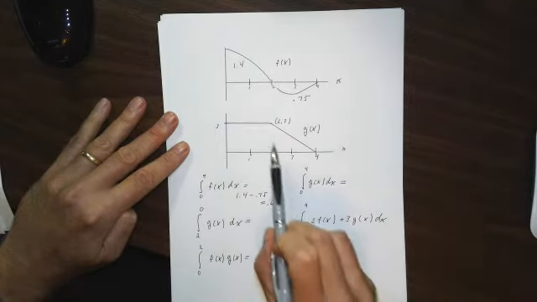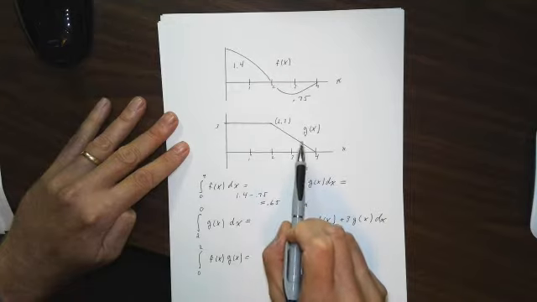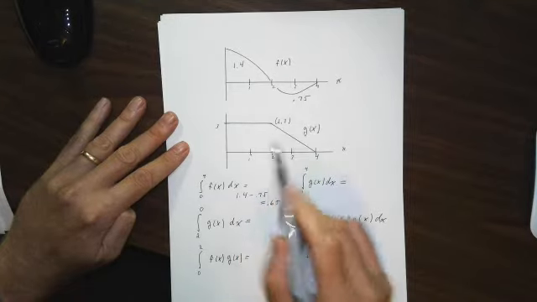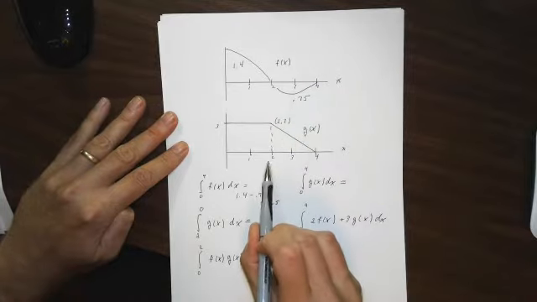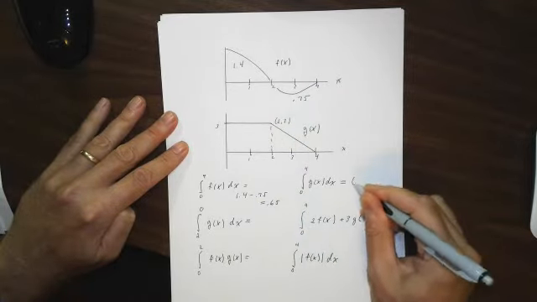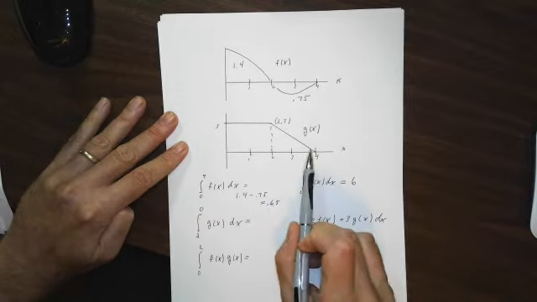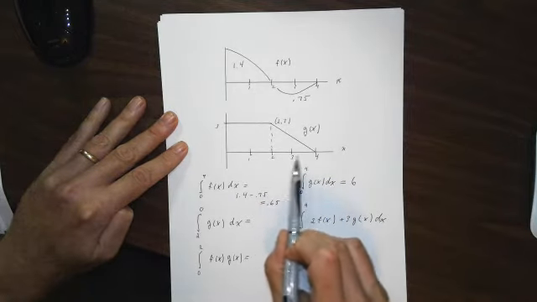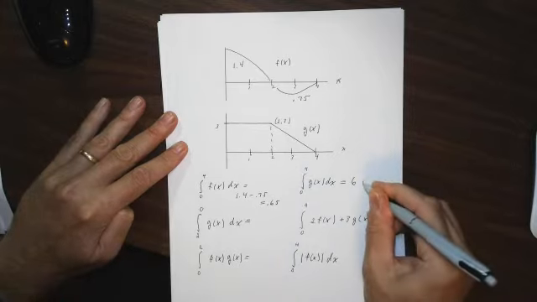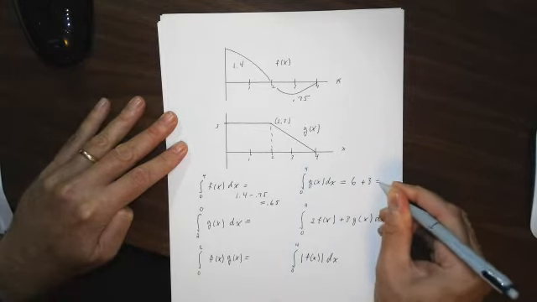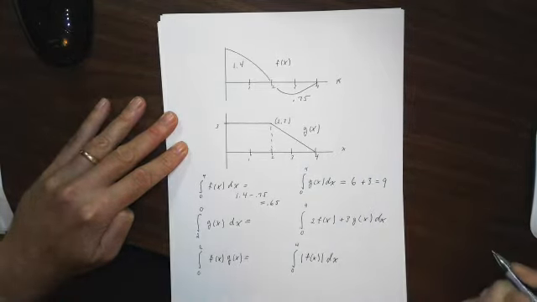If we look at the area between the graph of g and the x-axis, this is a rectangle of base 2, height 3, so that's 6. And this is a triangle of height 3, base 2, so 1/2 base times the height is 3, which gives us 9 for the integral.